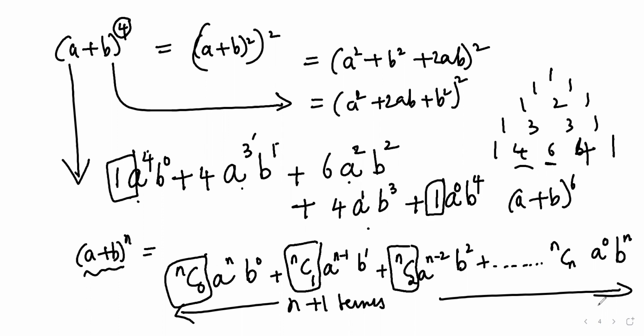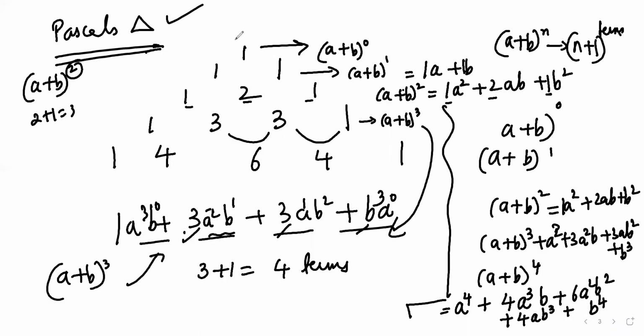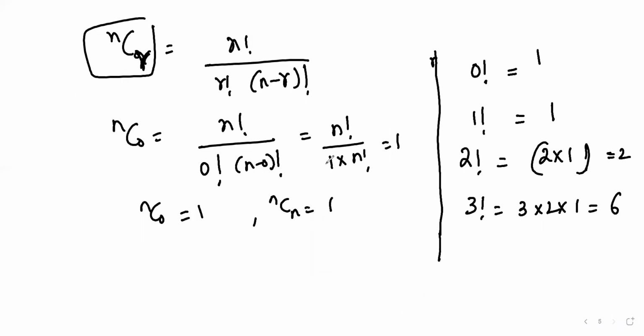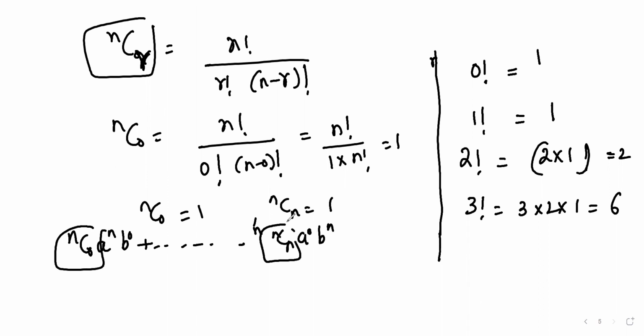In Pascal's triangle, you have a sequence of 1s along the boundaries. That is what you need to understand. Because you start with nC0, a power n, b power 0, and then you go on to nCn, a power 0, b power n. So nCn and nC0 both will be 1. Up to this part is clear with you, right?